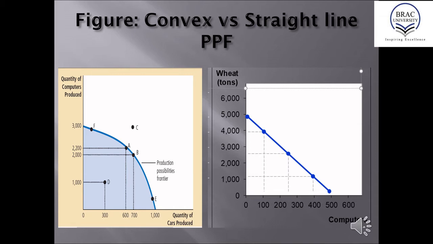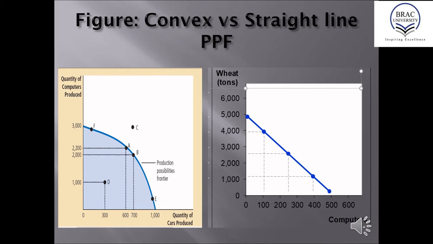As opposed to that, if you look at the second graph, which shows a straight line PPF, moving from the second point to the third point, the change in the number of wheat divided by the change in the number of computers will give us the slope between the second and third points, and that will also be true for the slope between the third point and the fourth point on the PPF.